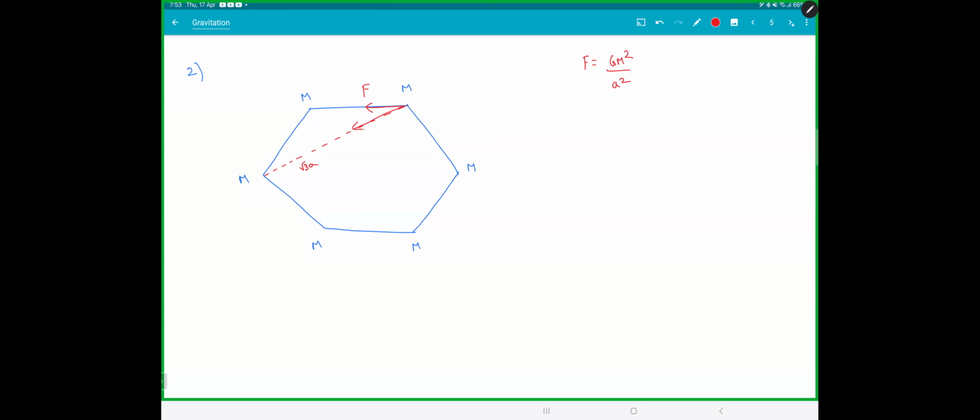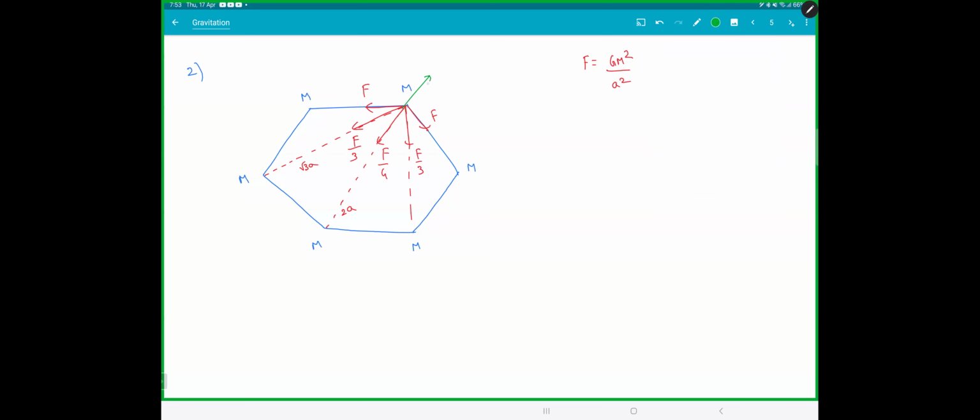So this force will be how much? G m square by (√3a) square, F by 3. From here to here, the distance is 2a. So this force will be F by 4. This also will be F by 3. This will be F. So these are the forces here.